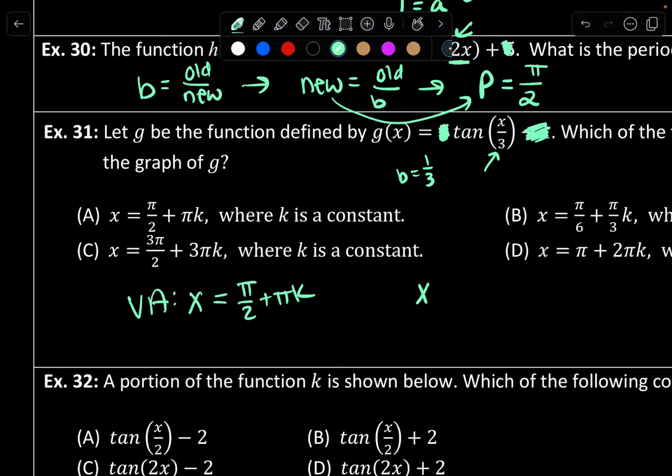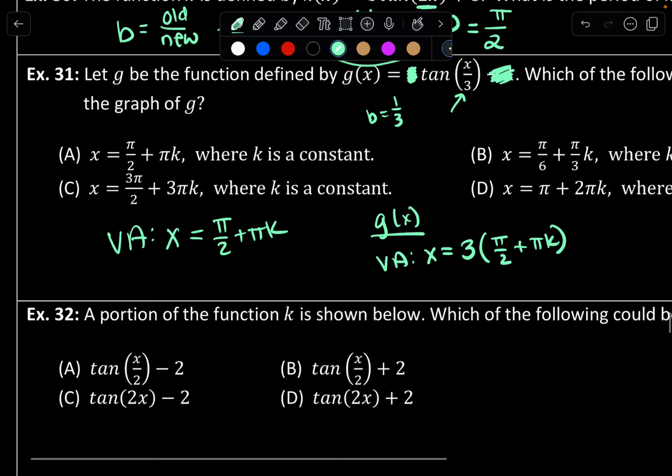So the new vertical asymptotes, I'll write new up here, or I guess I'll do g of x. So for g of x, your vertical asymptotes are x equals, I'm going to multiply the original vertical asymptote equation with a scale factor of 3. So we can distribute that 3.